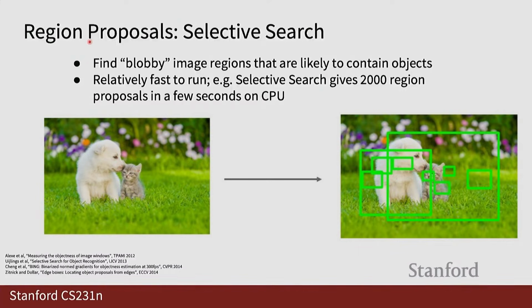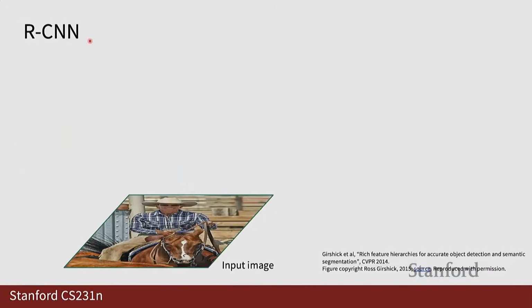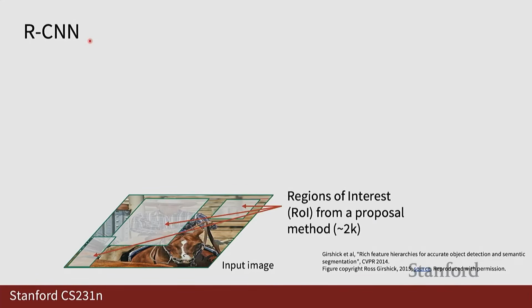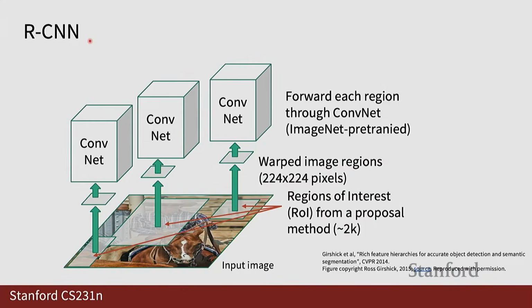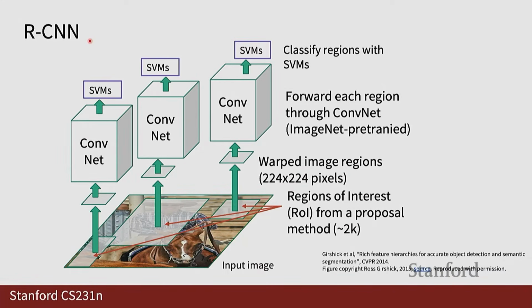For an image, if I have region proposals, I can just take that patch out and run a convolutional neural network on the patch, and then classify it.